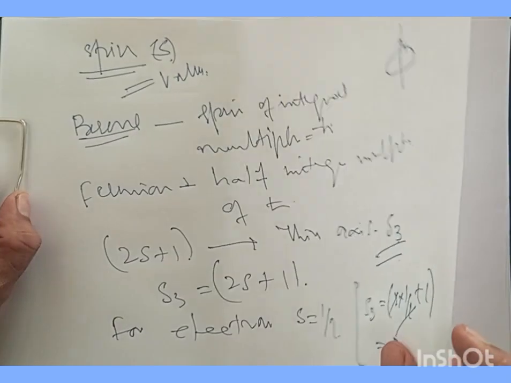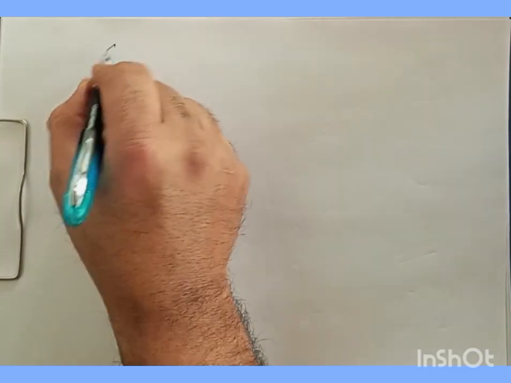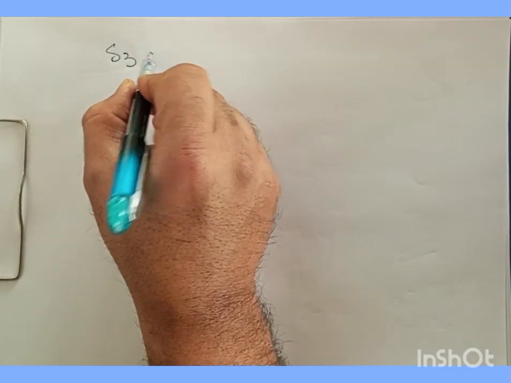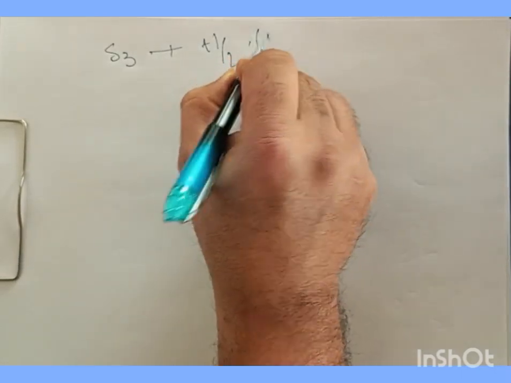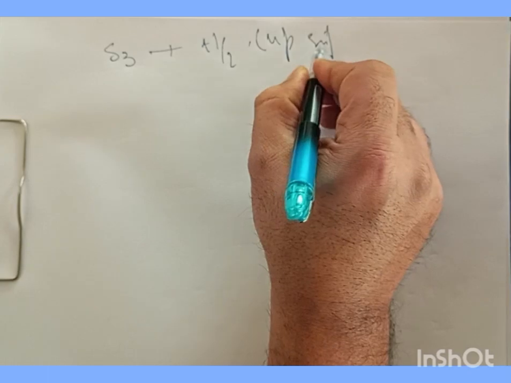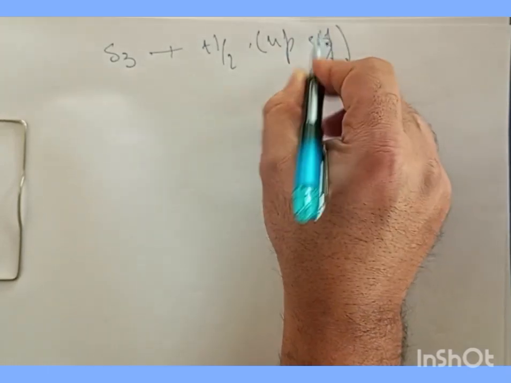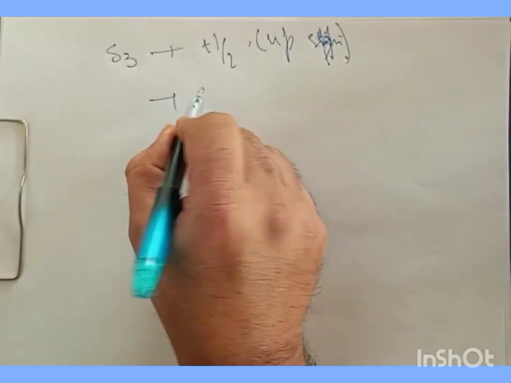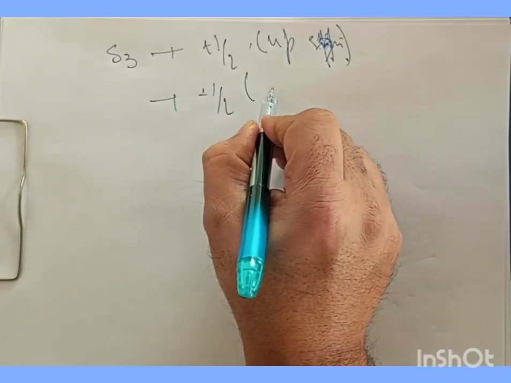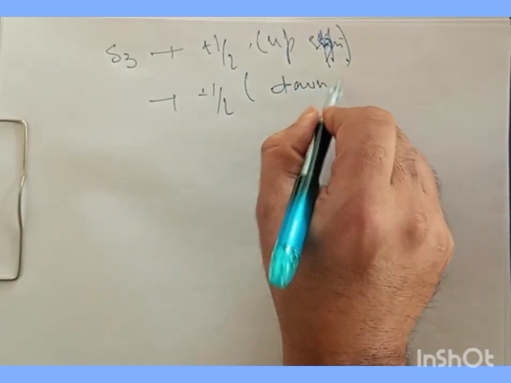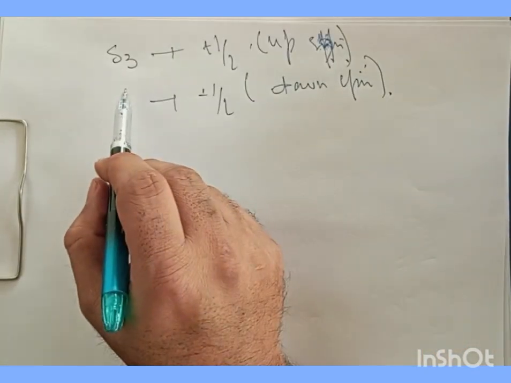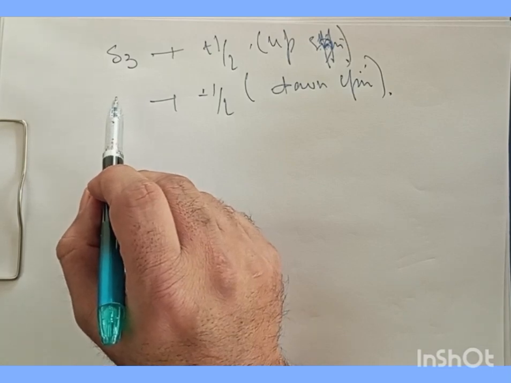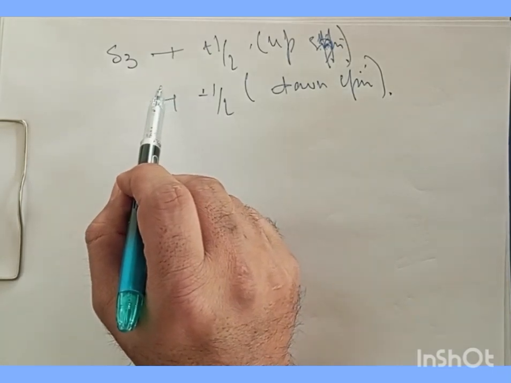It means the possible values for S3 in the case of electrons are plus half, which we call spin up, and minus half, which is spin down.